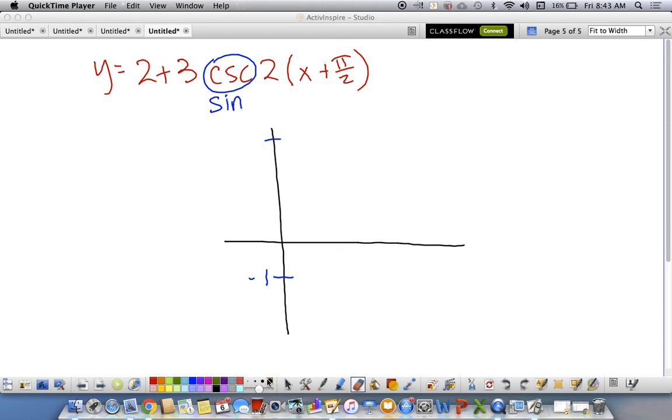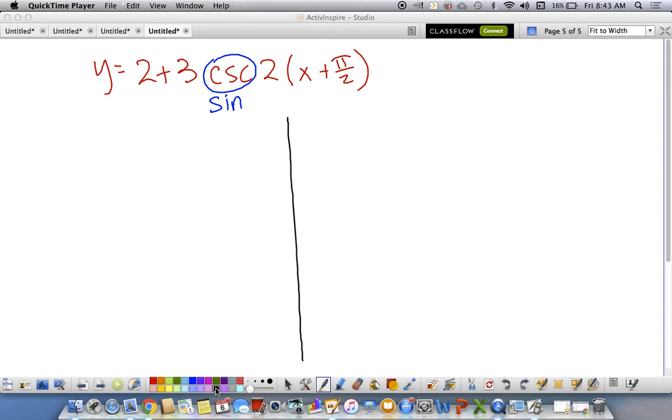I'm going to move my line, and hence move the whole line. Maybe I should write smaller. So sine went from negative 1 to 5, with our center line at 2.